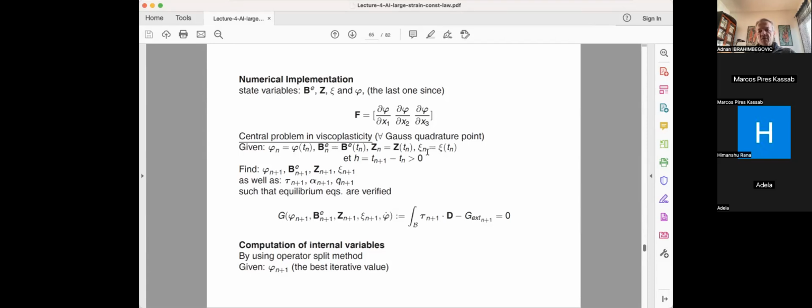Given the time step going from Tn to Tn plus 1, you want to compute the corresponding values at the next step, n plus 1, and then you recover these stresses, the Kirchhoff stress, the back stress in the spatial description, and the conjugate variable to the isotropic hardening variable Q, such that both plasticity should be verified.